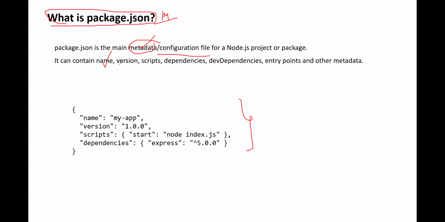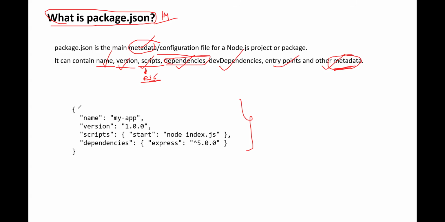It can contain name, version, scripts, dependencies, dev dependencies, entry points, and other package information. It can also say which module system is used, CommonJS or ES. CommonJS means old JS, ES6 means new JS. That is the main difference. Dependencies means the package names and versions.